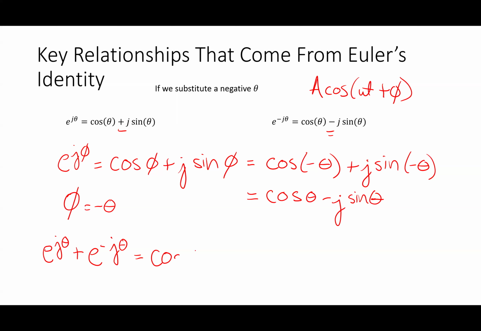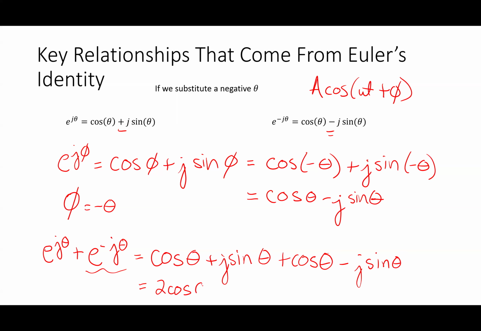Cosine theta plus j sine theta, like that. What do I substitute in for e to the negative j theta? Yep, I add cosine theta and I subtract j sine theta. Right? So what's that become? 2 cosine theta.